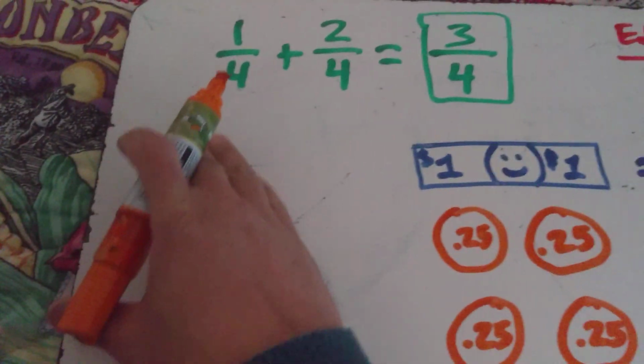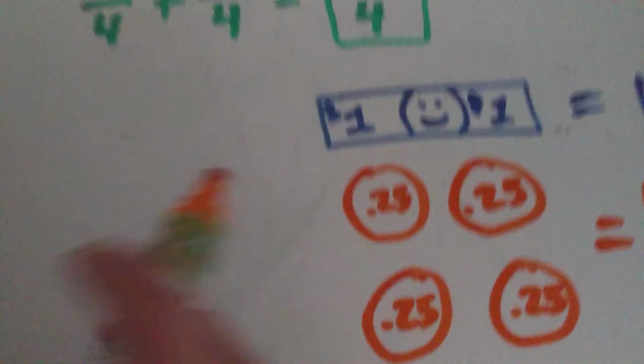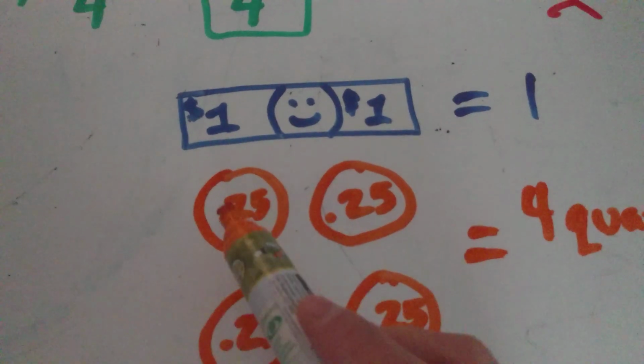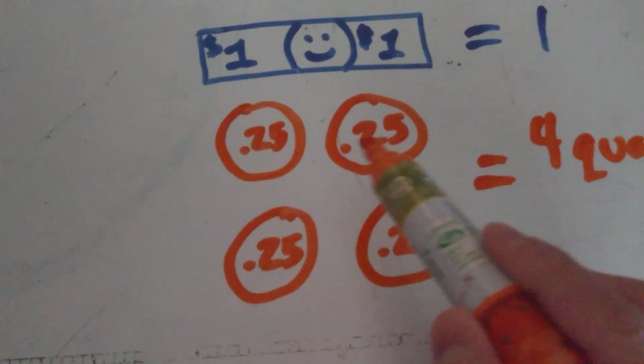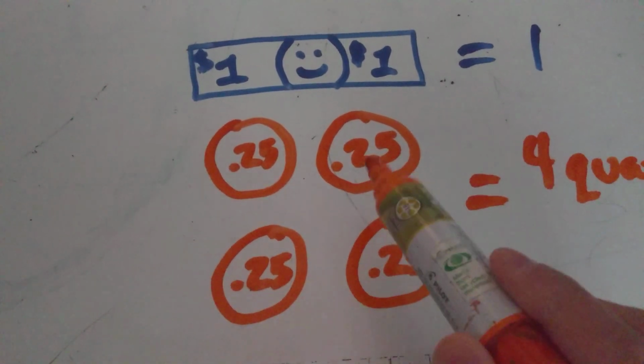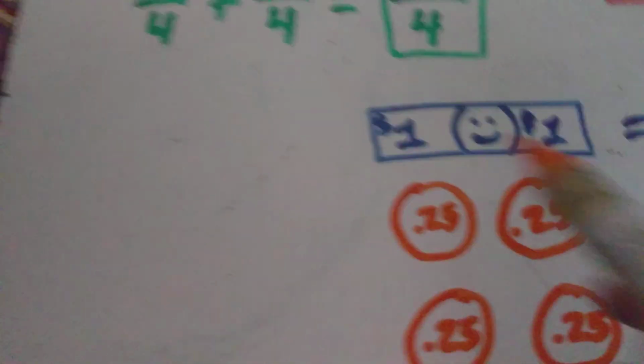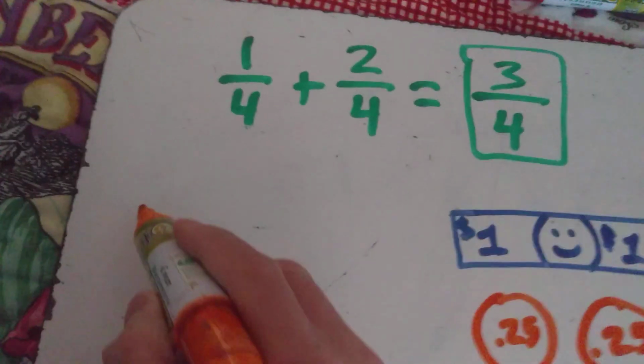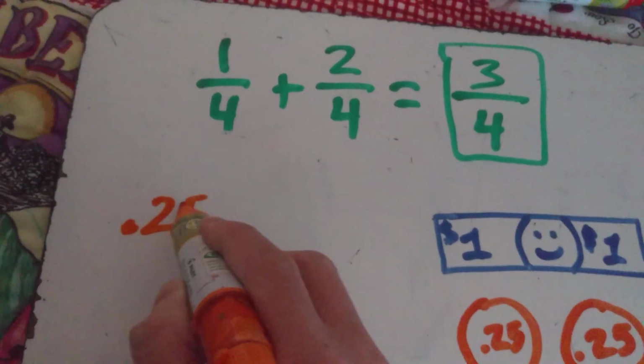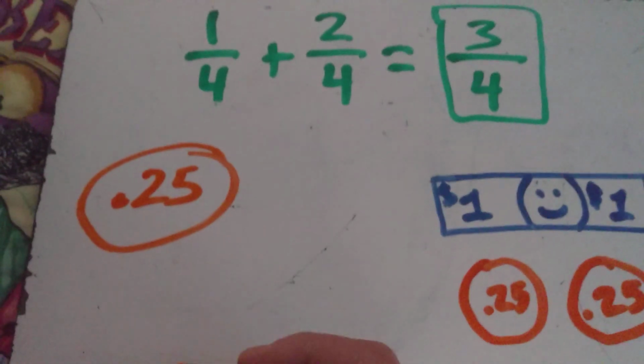So with this in mind here, let's go back to this 1 quarter. And we can call this a quarter because there's 4. Okay, so let's go back. So this 1 quarter could be represented by that.